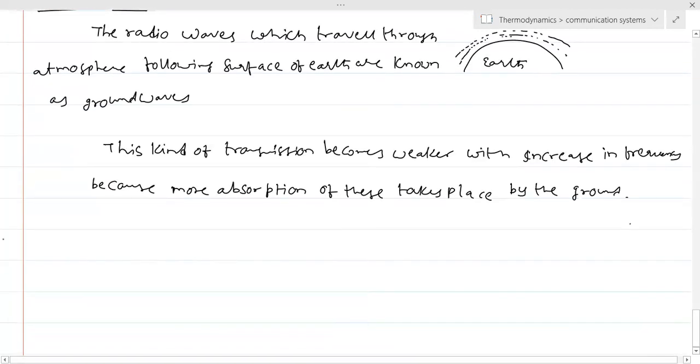That's why we have a limited range, and these numerics are very important for any competitive exam.